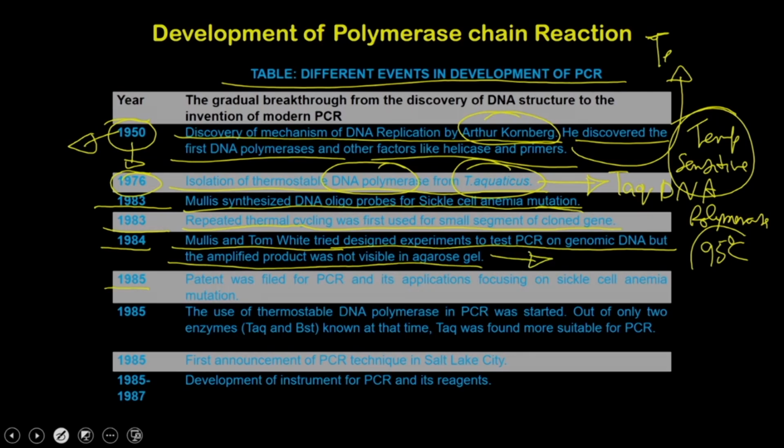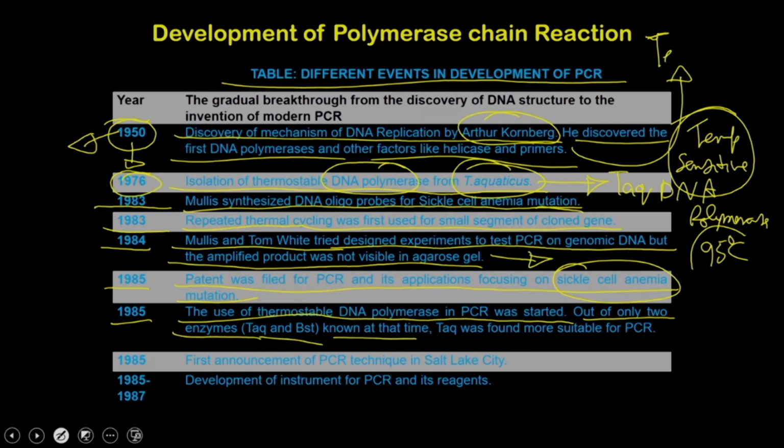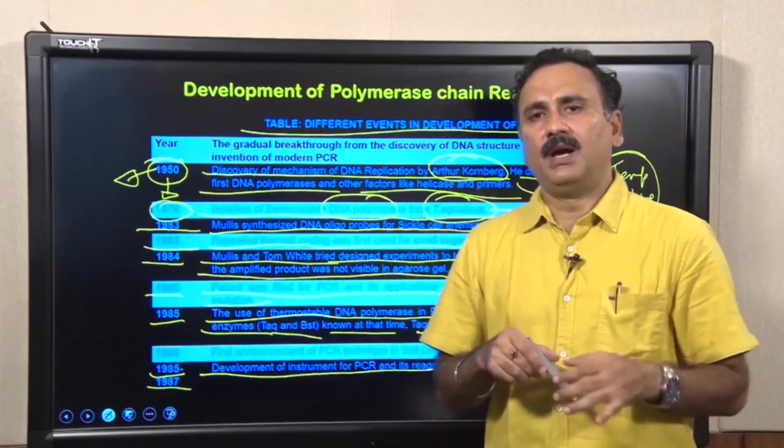In 1985, the first patent was filed for its application in detecting sickle cell anemia mutations, and thermostable DNA polymerase was first used in PCR. Of the two enzymes known at the time, Taq DNA polymerase was found more suitable for PCR. From 1985 to 1987, people discovered a lot about different types of instruments, leading to many later developments with the help of instrumentation.